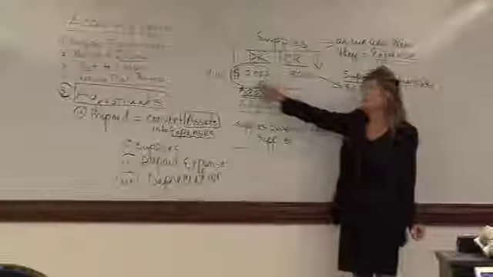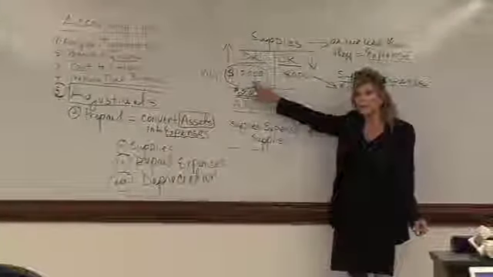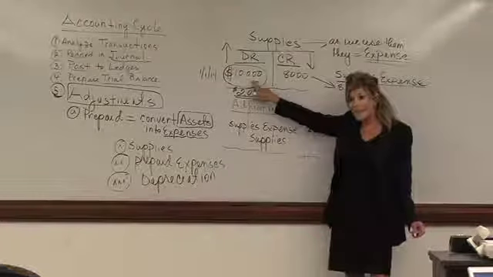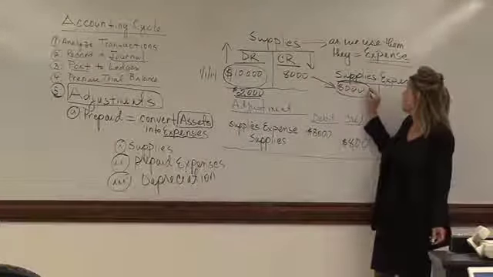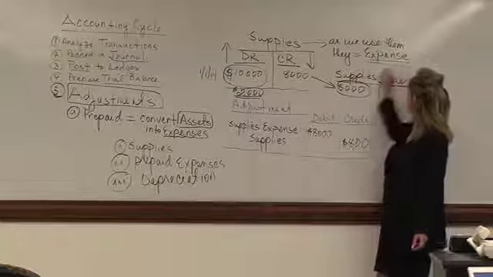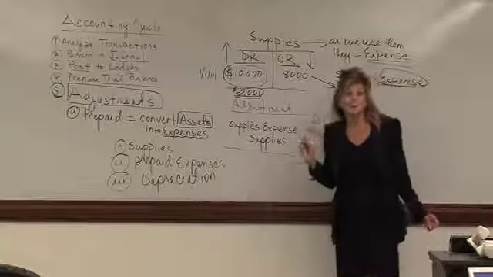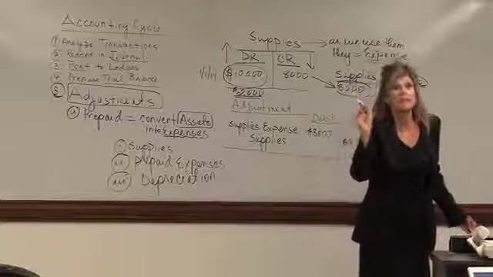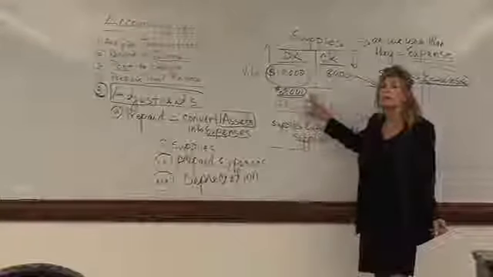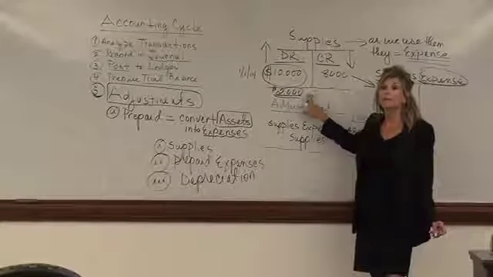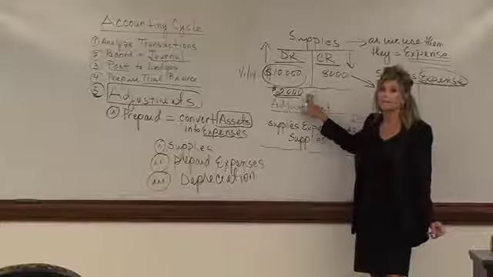We are still accounting for the original $10,000 we spent on supplies. But now, 8,000 of those costs will be reported on the income statement as a deduction from revenue. And only 2,000 will remain on the balance sheet as an asset.